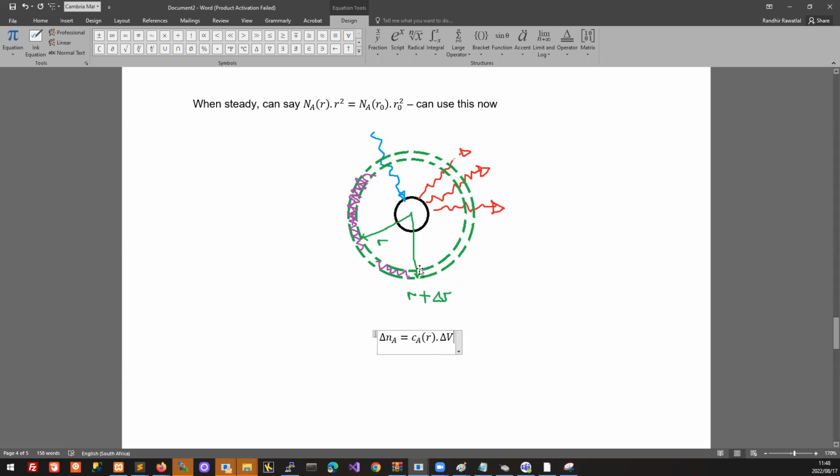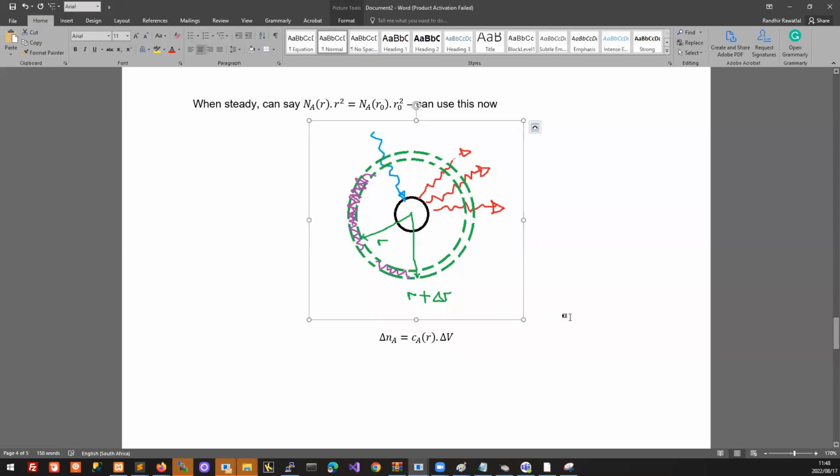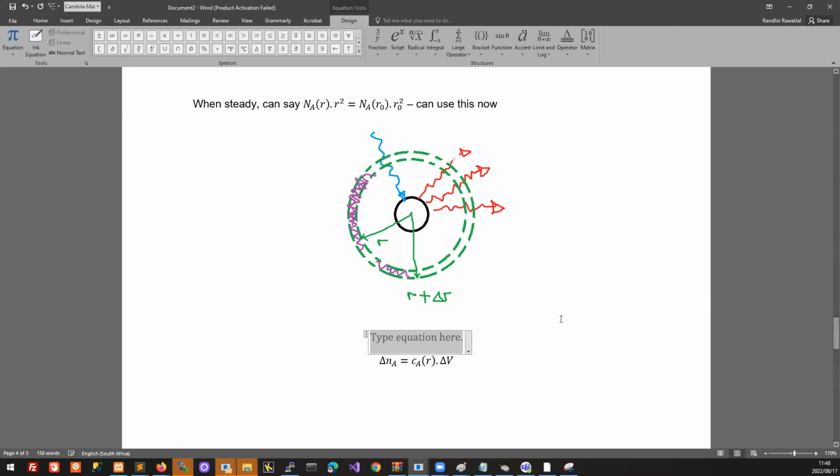So if we pick the inside concentration here, C A at R, and then multiply by the volume of our subspace, our subspace is the thickness of the ball, so delta R. Sorry, delta V. Okay, delta V is going to be the area of the ball, so 4 pi R squared.